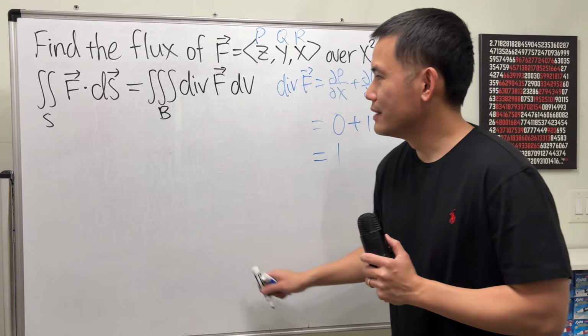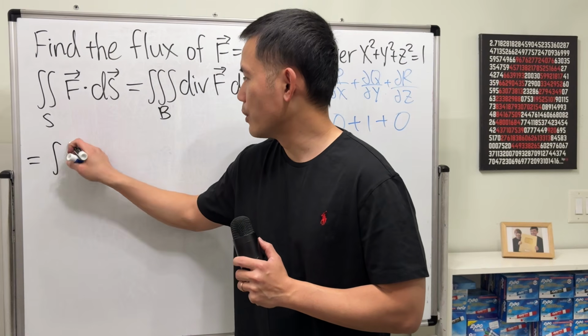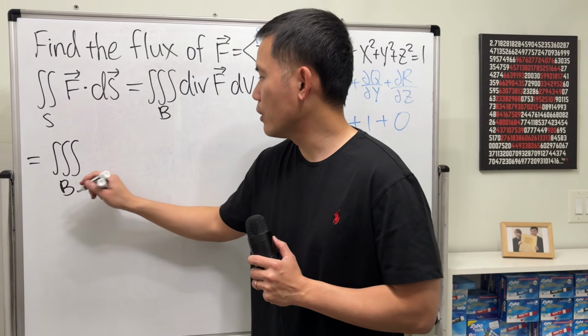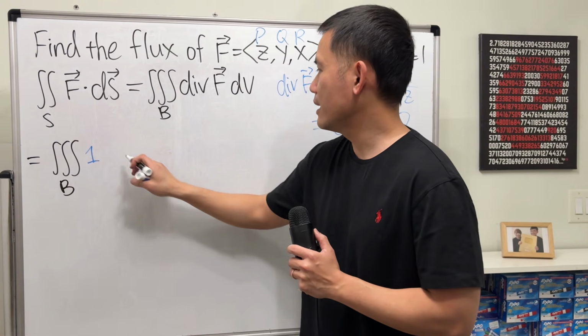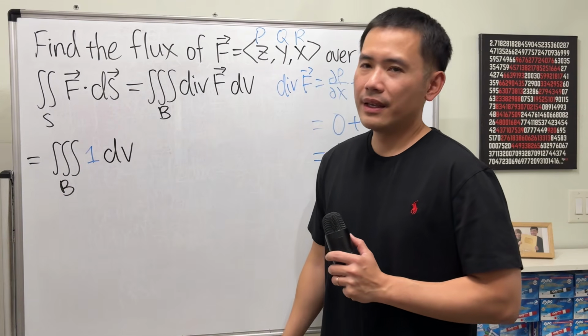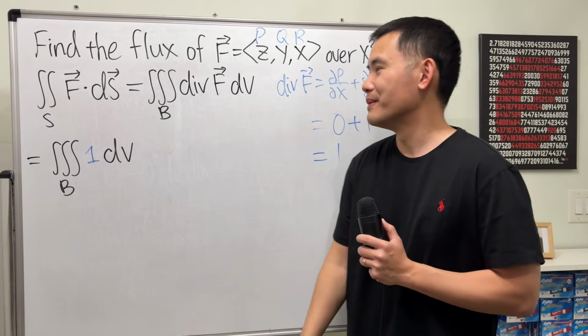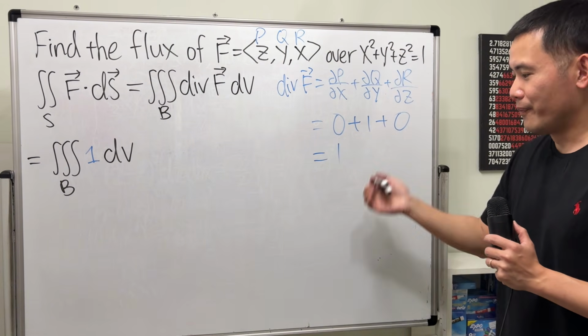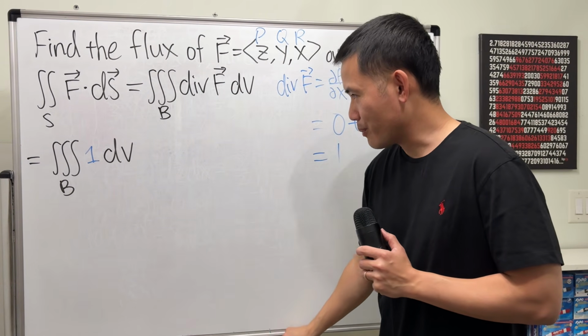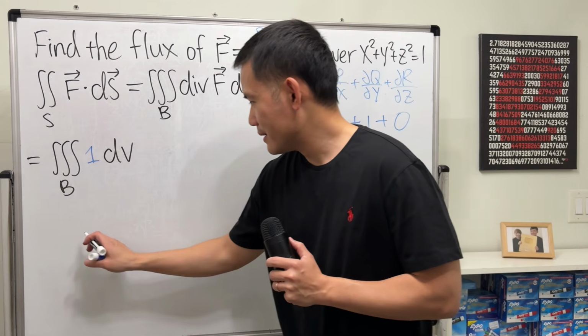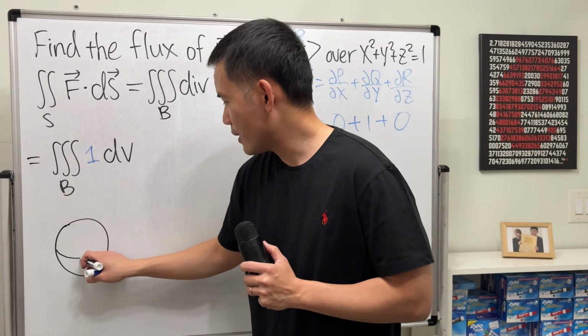Now, this is going to be just a triple integral over the unit ball, and the inside here is just a 1, and then we have dV. And for this one in particular, you really don't have to do anything crazy because we have a unit ball. So let me just draw a quick picture for the volume of a ball.